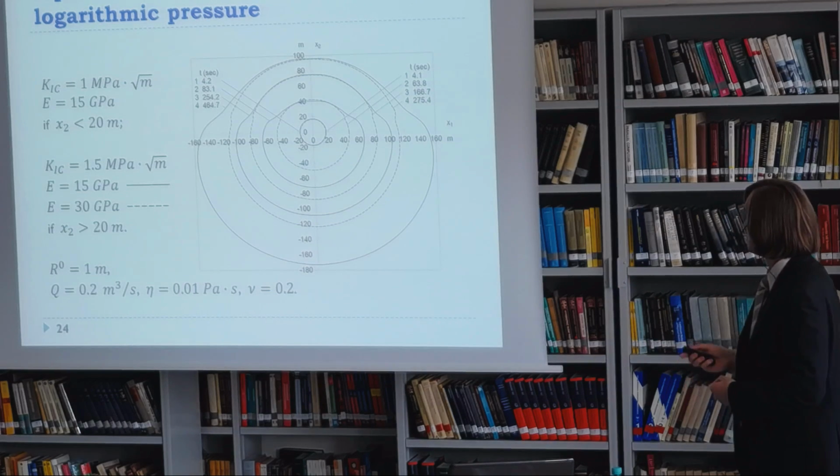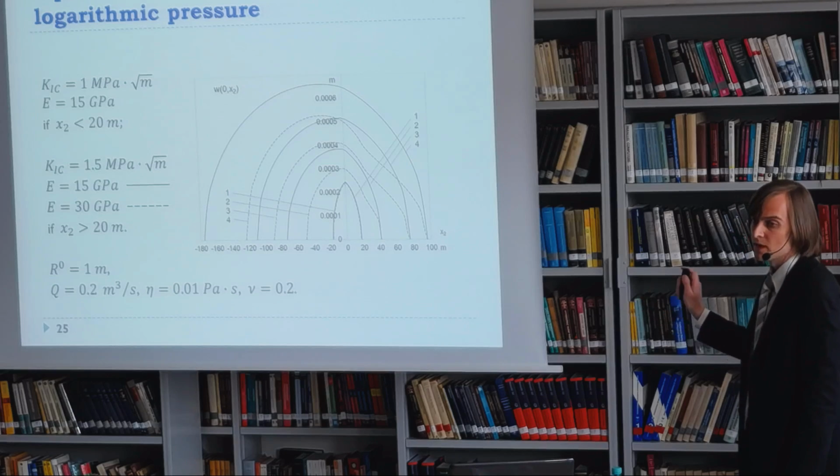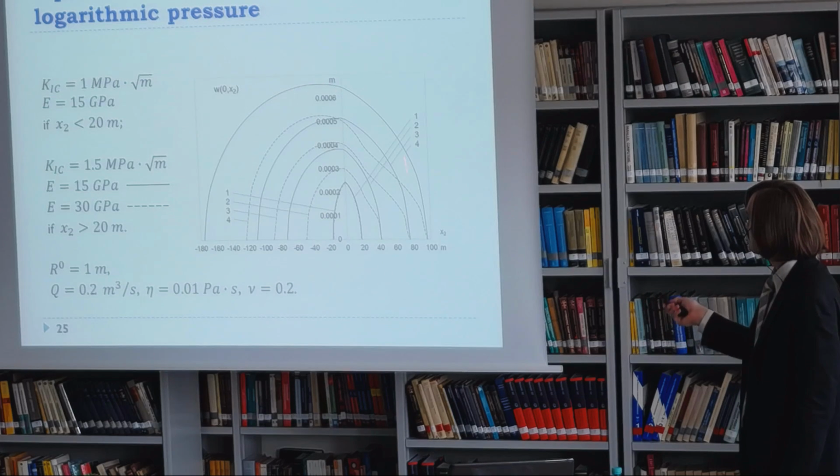So this is one example, and this is our crack opening here, as you may see, for the same crack, the equilibrium crack shapes that are shown here. This is the crack opening.